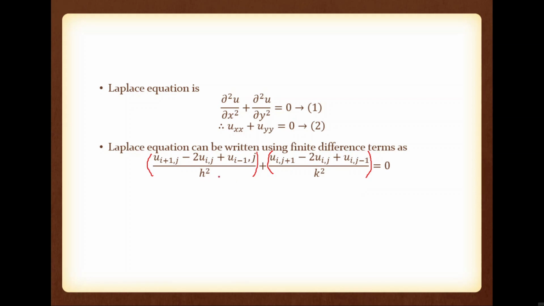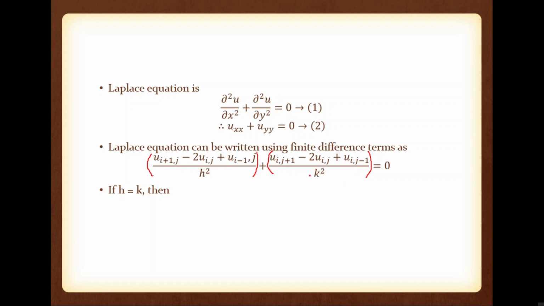If both h and k are equal, then we can write this equation as u(i plus 1, j) minus 2 u(i, j) plus u(i minus 1, j) divided by h square plus u(i, j plus 1) minus 2 u(i, j) plus u(i, j minus 1) divided by h square.